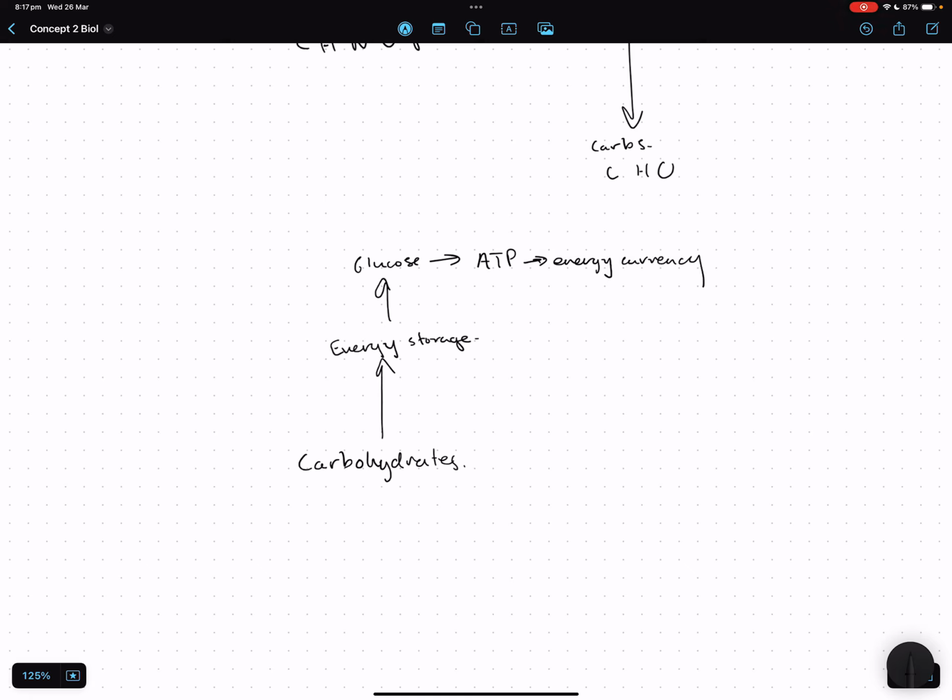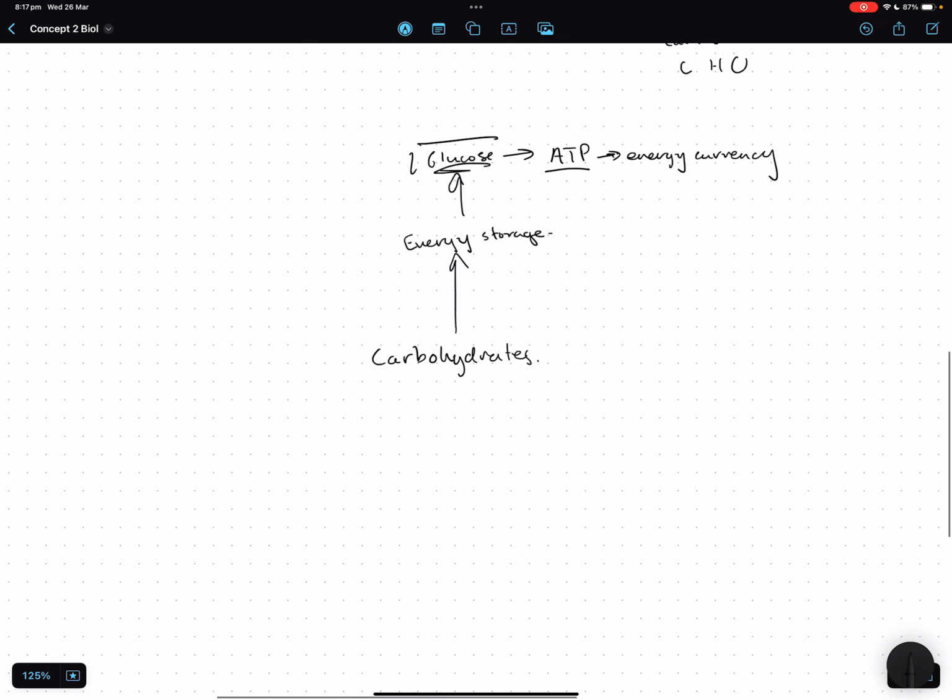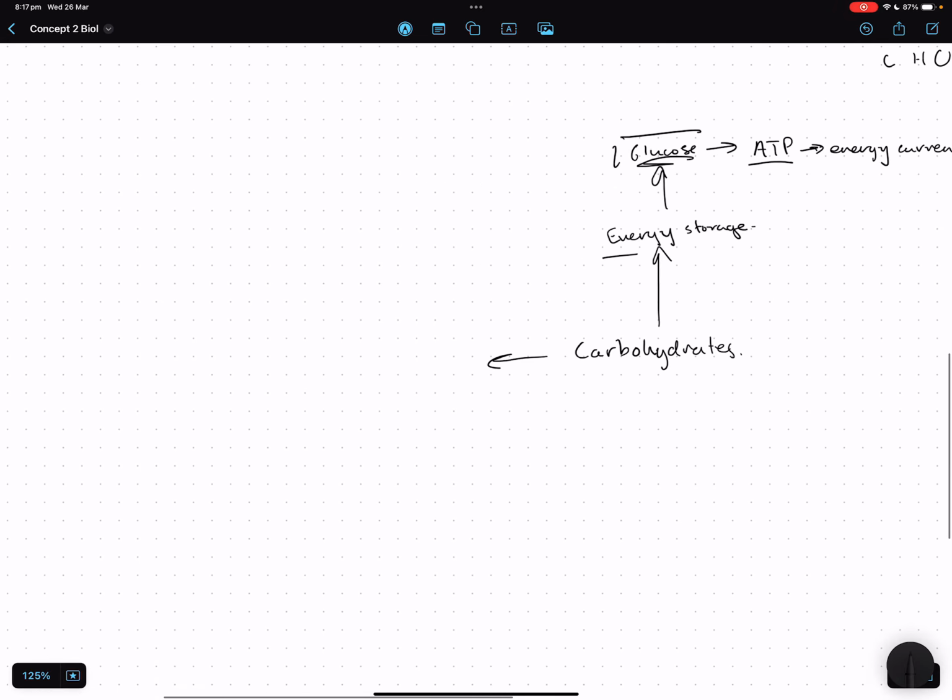So glucose, which is a carbohydrate, is used to create the right conditions to rehydrate ATP. So basically it creates energy.